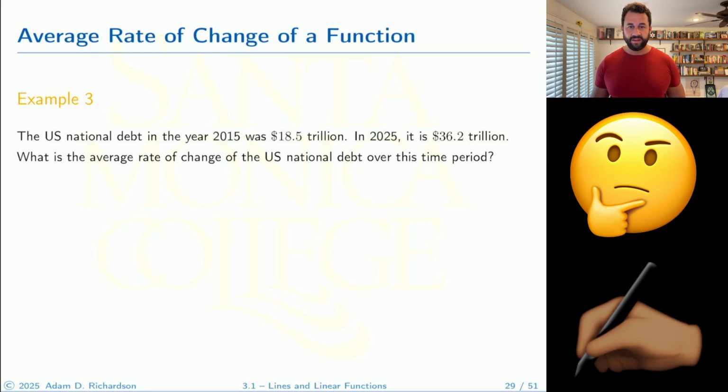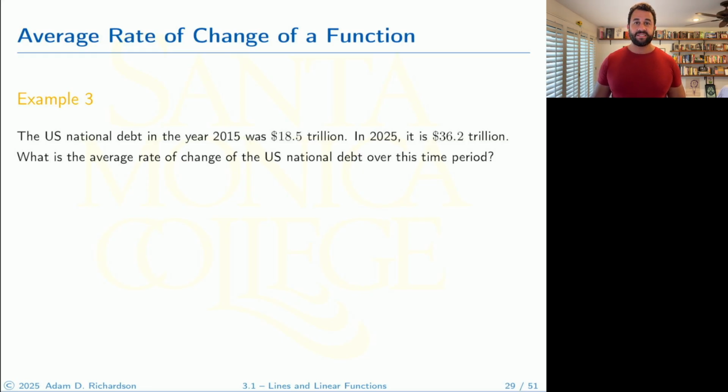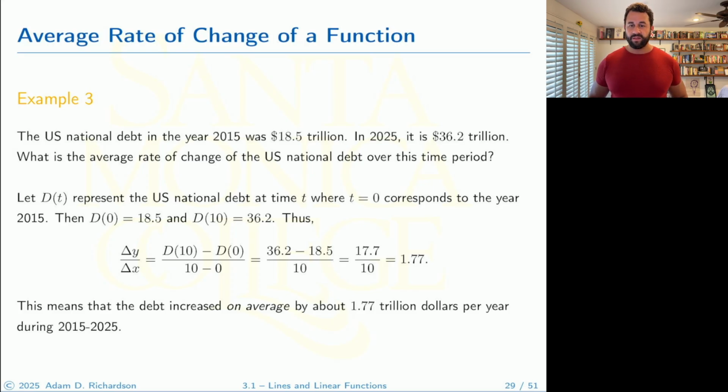Okay, let's do it together. Let's be a little bit specific here. We're going to create a function relevant to our current scenario. We're going to create this function d of t, and we're going to let it represent the US national debt at time t, where t equals 0 corresponds to the year 2015.